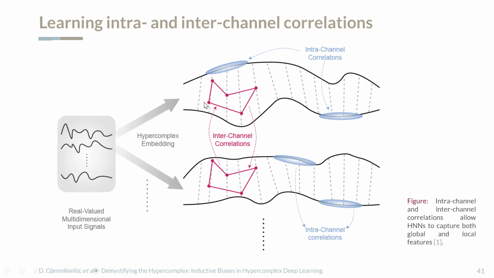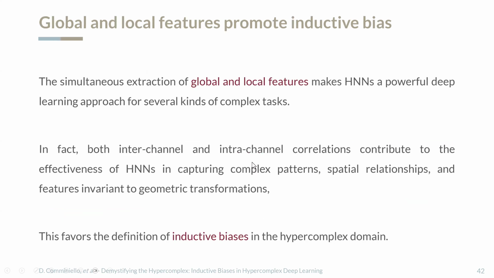So for each channel we can derive some kind of low-pass or intra-channel correlations, but also inter-channel correlations, which are more detailed, like high-frequency detailed information. Based on this fact, we can exploit this correlation as an inductive bias.